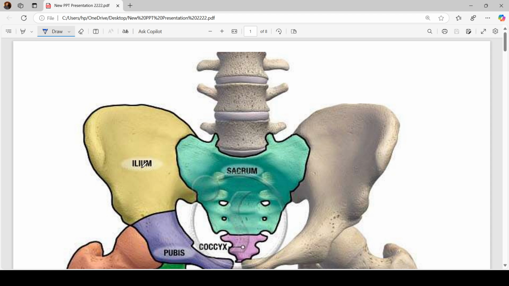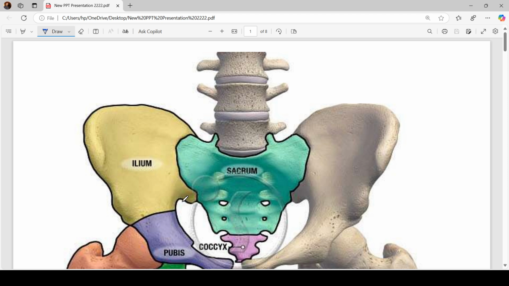Now we deal with the parts of the female pelvis. The parts are the ilium, ischium, pubis, sacrum and coccyx. The ilium, ischium and pubis are found in the spine-like structure, and they form the rounded area.